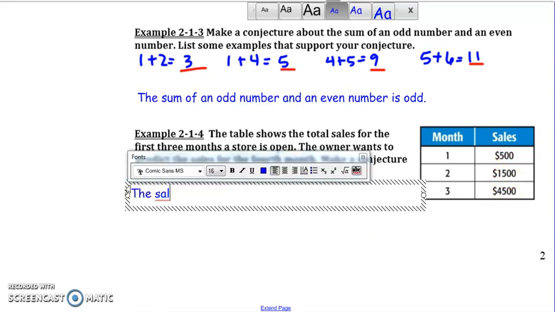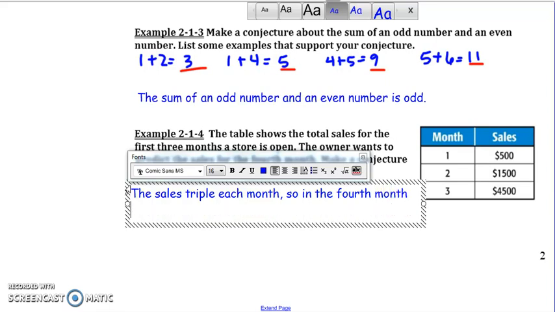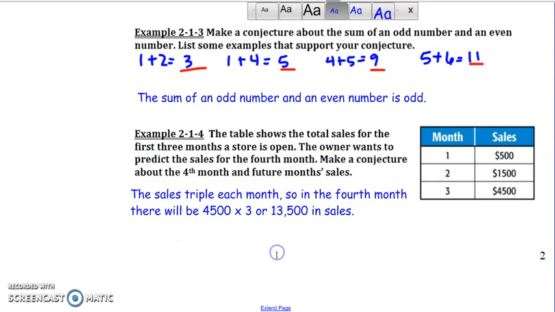So the sales triple each month. So in the 4th month, there will be 4,500 times 3, or 13,500 in sales, if we make a conjecture with that same pattern.